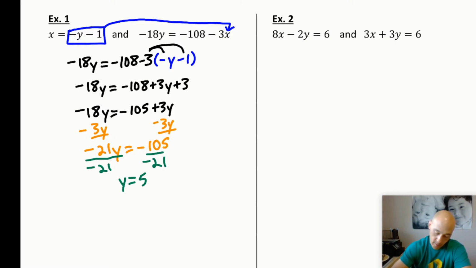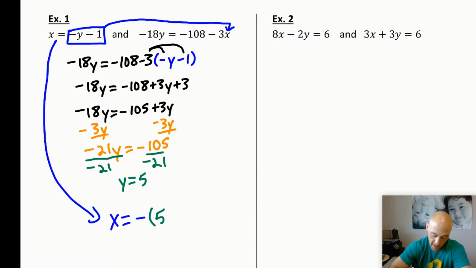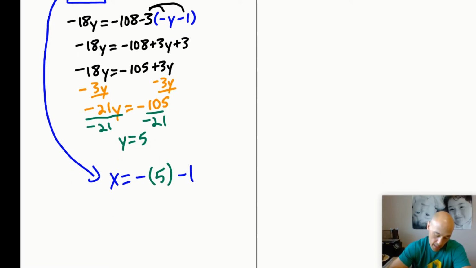So I'm going to bring it down here, and I'm going to have x equals negative y minus 1, and y is equal to 5. I plug it in for the y, and then minus 1. Well, negative 5 minus 1 is negative 6. So our solution to this system of equations is the point negative 6, 5.